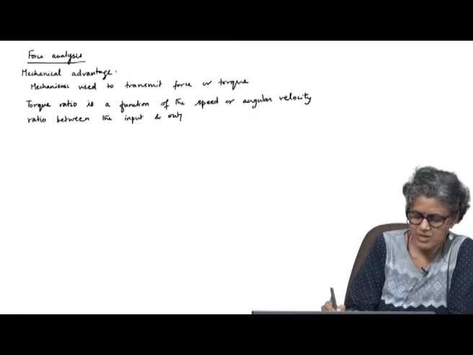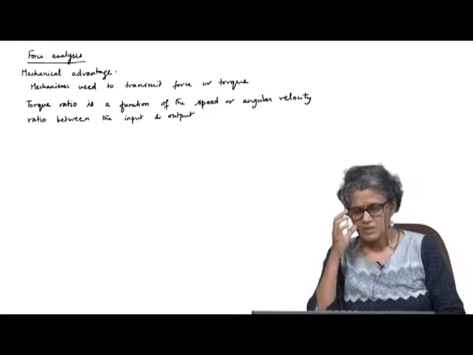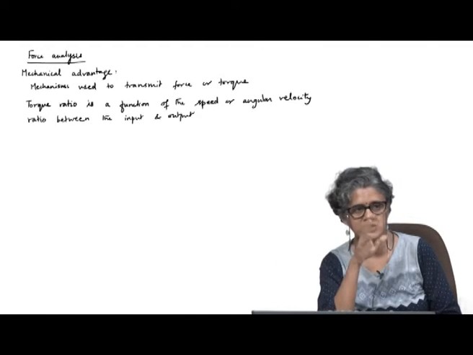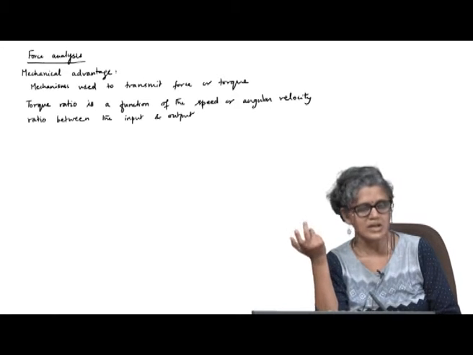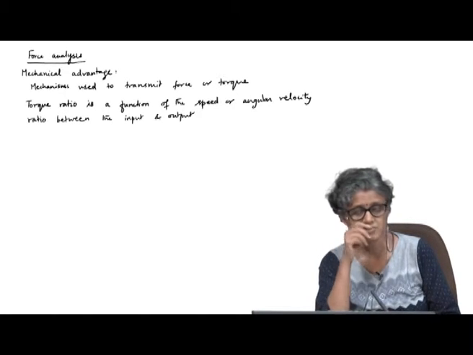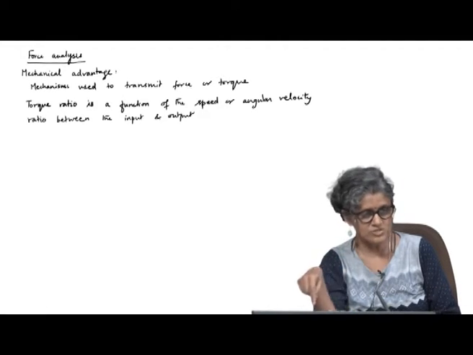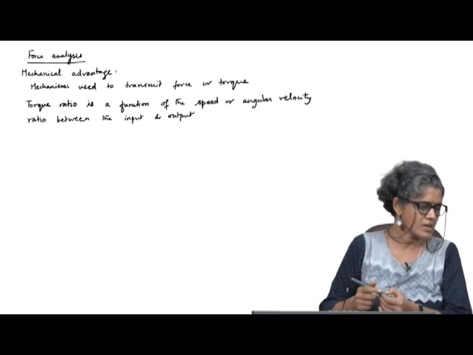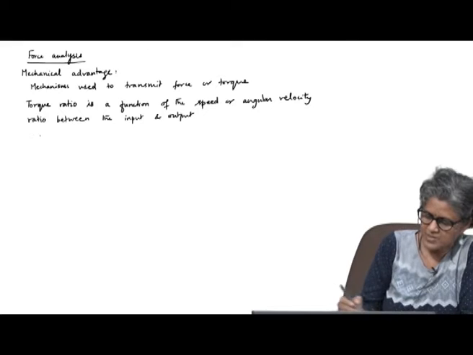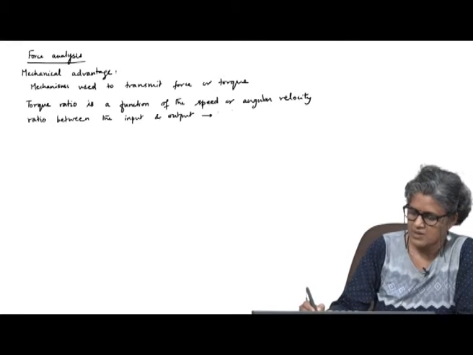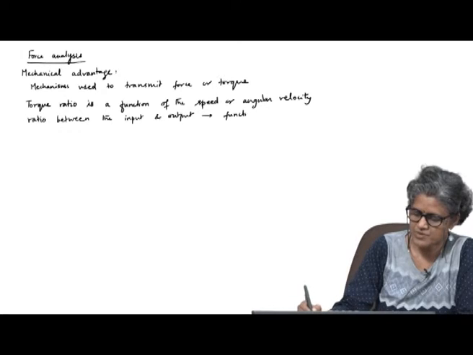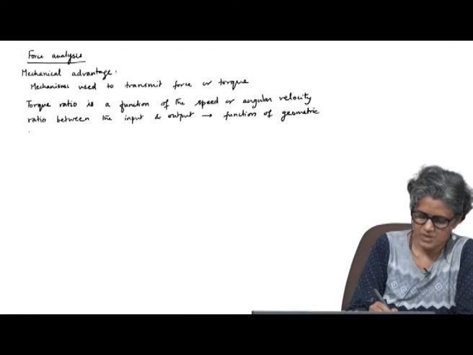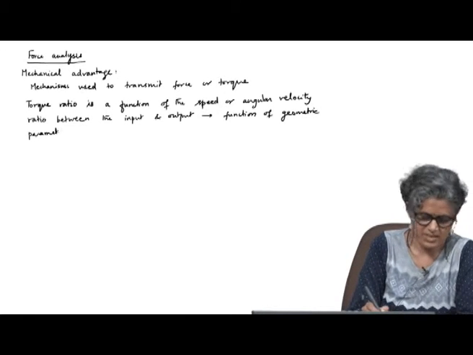You remember, even while doing the velocity analysis, many times we are only interested in the output. You may not be interested in the intermediate links so much, say the angular velocity of the intermediate links. One reason is that you are usually interested in the torque ratio between the input and the output. This is a function of geometric parameters and varies as the linkage moves.